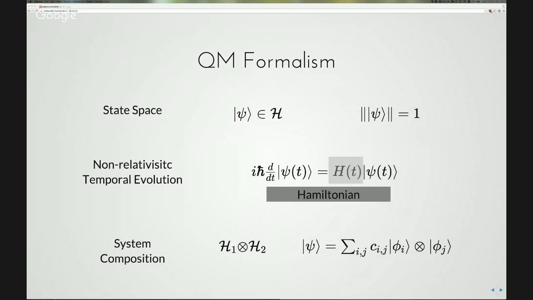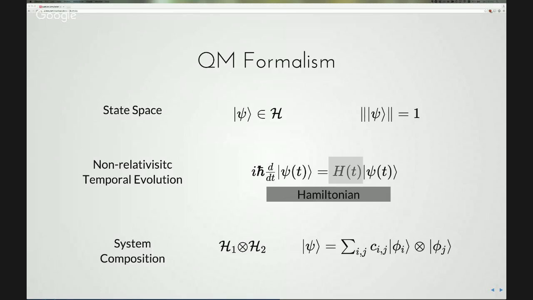And this is Schrödinger's equation, which describes the temporal evolution of a quantum state. It's a fancy way of saying how does a quantum state evolve. On the left side, you see the time derivative of the state, which is affected by what's on the other side, which you see as H. That's called the Hamiltonian. If you have studied some classical mechanics, maybe Lagrangian mechanics or Hamiltonian mechanics, that Hamiltonian is exactly the same as the Hamiltonian in Hamiltonian mechanics.